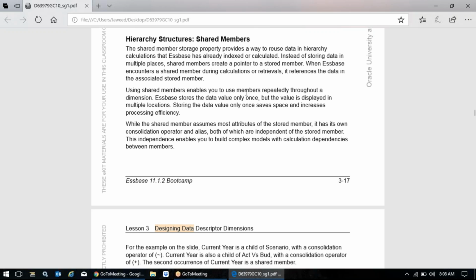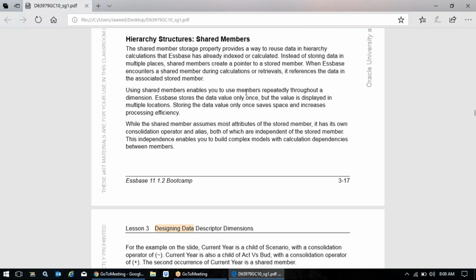Now, when you're using shared members, it has to be under the same dimension. You cannot share a member which is in a different dimension with a member from a different dimension. If I'm sharing a member, it has to be under the same dimension or at the same level.